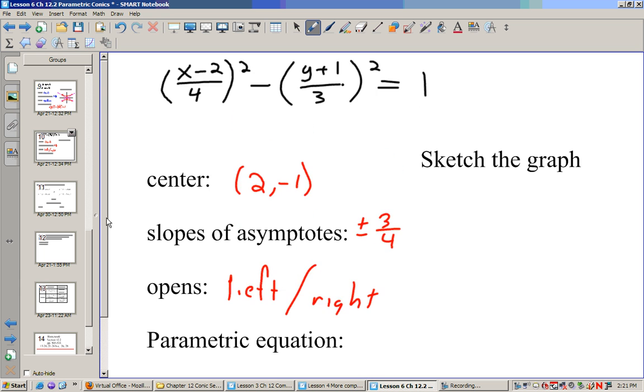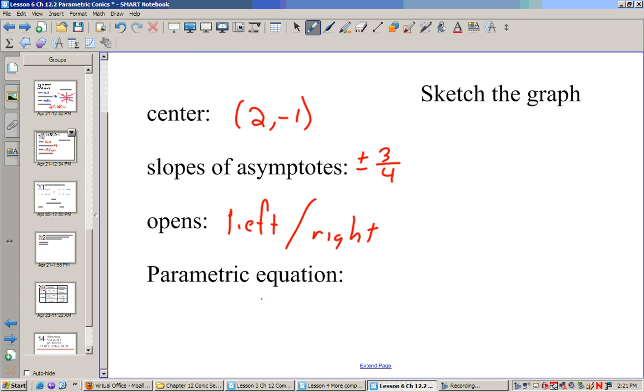And the parametric equation is going to be x equals 2 plus 4 cosine, or not cosine. It's opening left, right, so this is going to have to work with the secant, and y is equal to -1 plus 3 tangent t. So we have our equation.